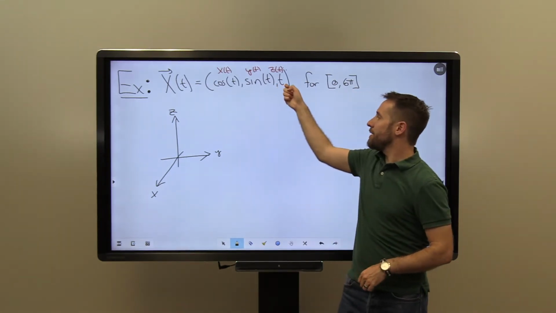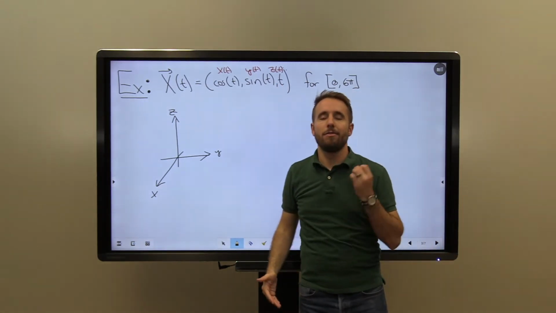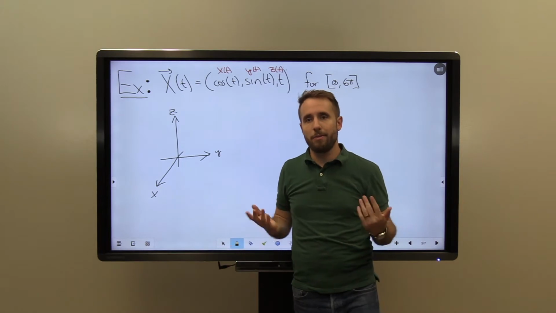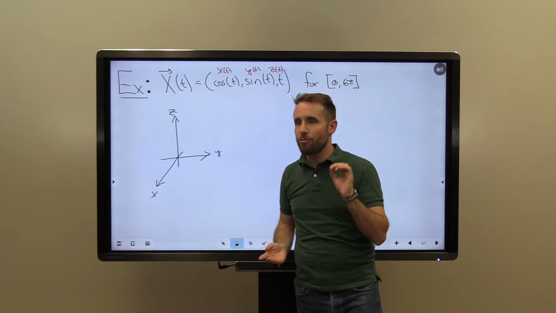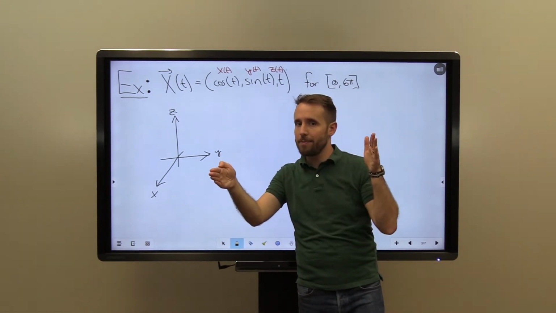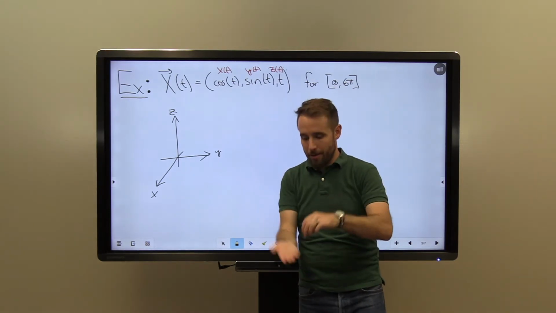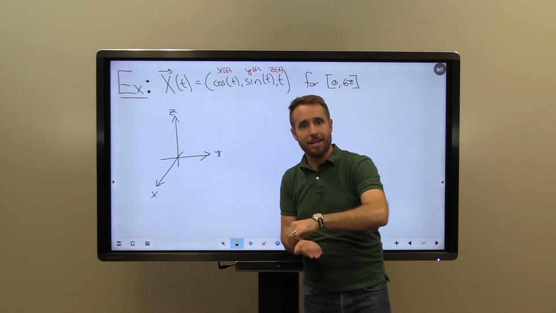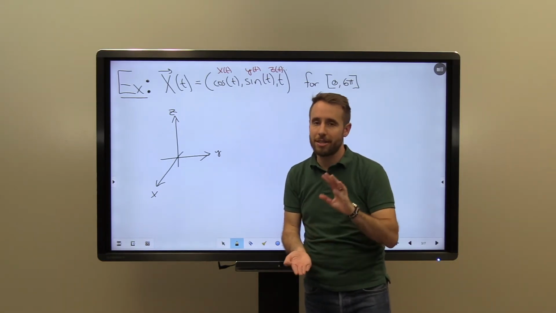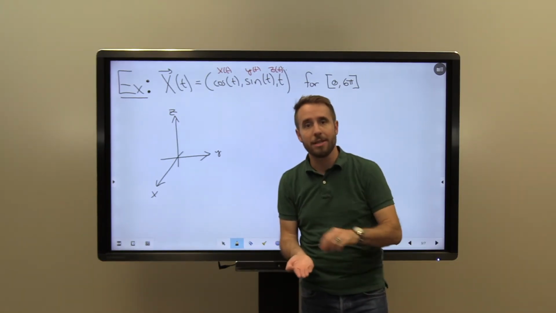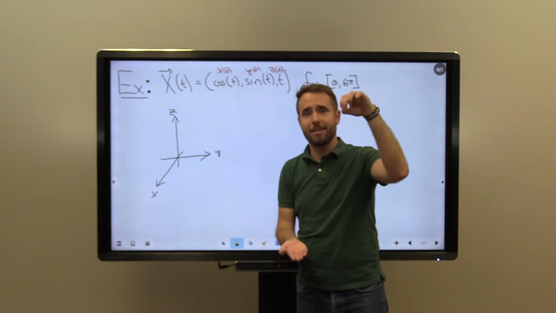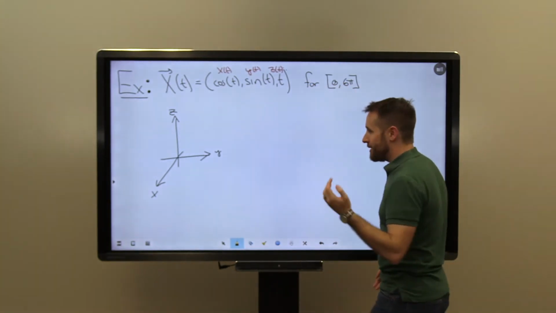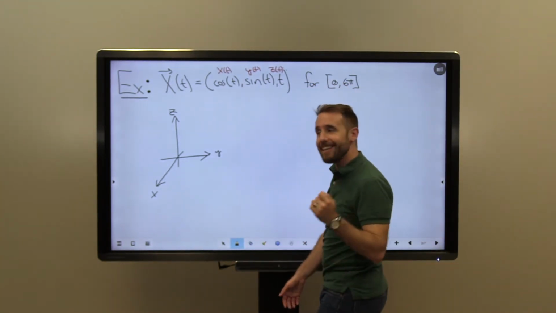But what's happening in the z component? We just have this variable t. As t ranges from 0 up to 6 pi, the height of our curve will increase. So we're tracing out a circle in the x, y directions, but our height just increases. What we get is what's called a helix.